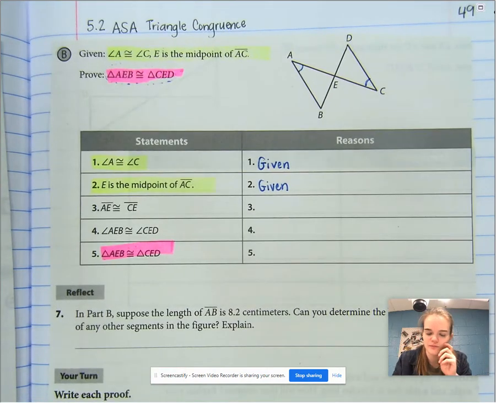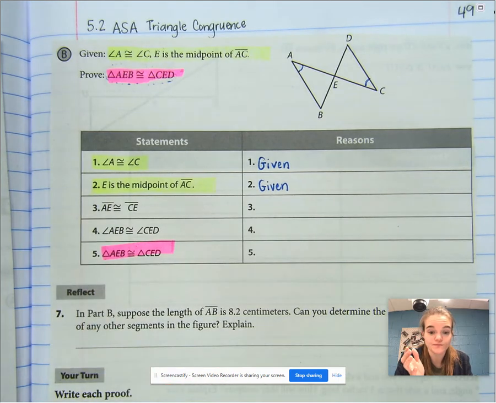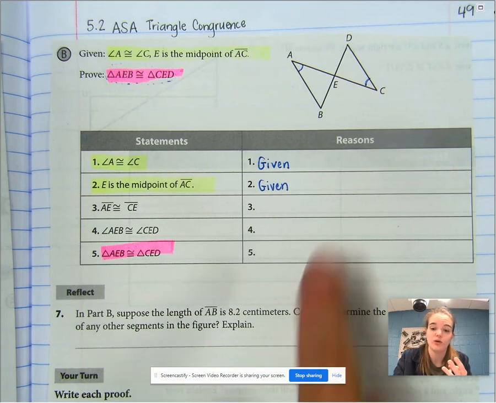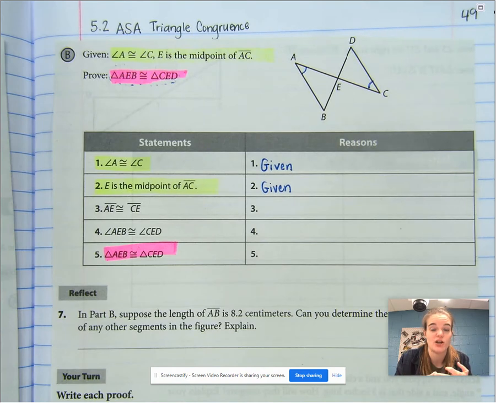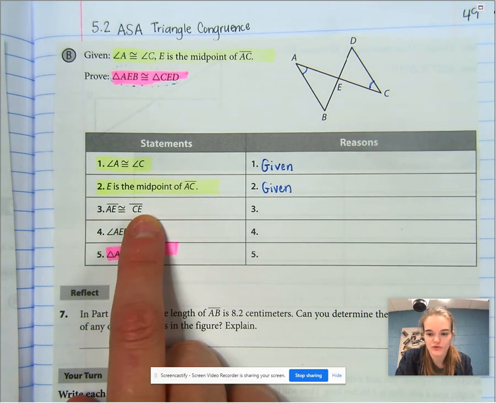All right, let's keep going. So we've got our givens. By the way, since we're using angle, side, angle, and that's the only one we have, that means we're going to need one angle, one side, one angle. We already have an angle right now. We're going to need another side and another angle. So it says AE is congruent to CE.